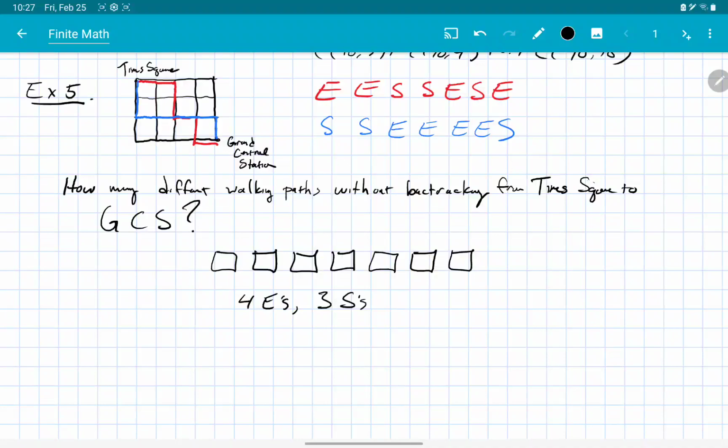So I need to put 4 easts in these 7 boxes. How many ways can I do that? I'm not asking for a number, I'm asking for a function, right? How do I count 4 choices from 7 things?